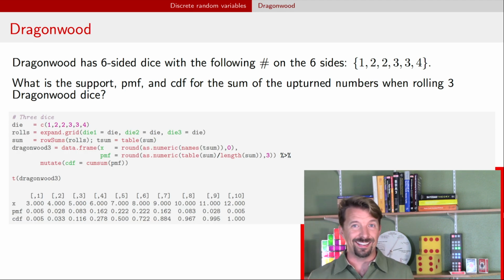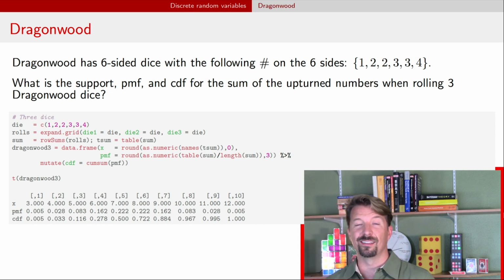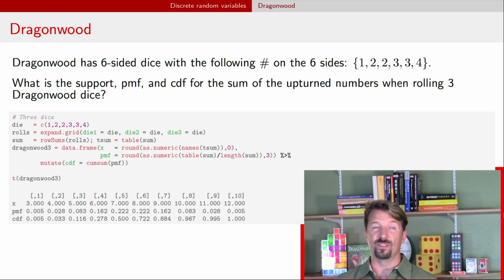And so when I do that and I write the program, here's what I get. So we have, again, the support is 3 up to 12. And then the PMF, which I calculated via this code in the statistical software R, says the probability of getting 3 is approximately 0.005. If you do the calculation yourself, you'll see that it's, I think, 0.0046, so this is rounded a bit.